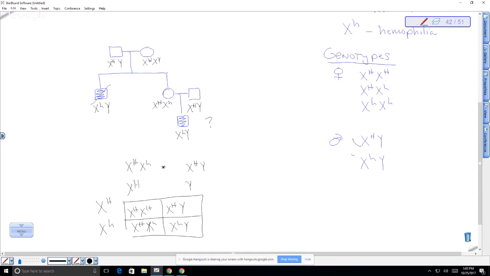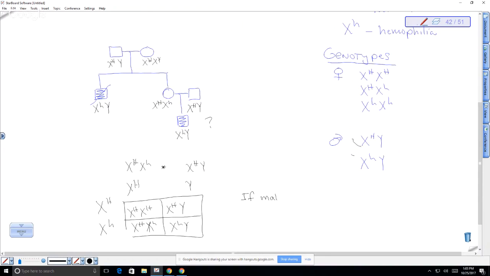And if the baby is male, what's the probability that that baby would have hemophilia? 50%. So if the baby's a male, there's 50% chance that they'll have hemophilia. If the baby is female, what's the percent chance that she will have hemophilia? 0, right?